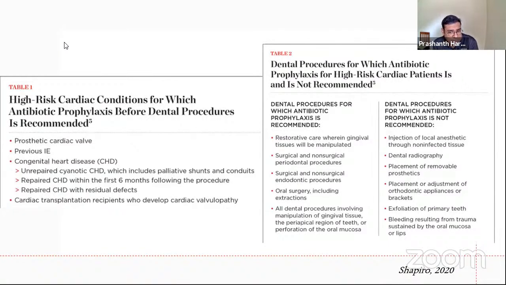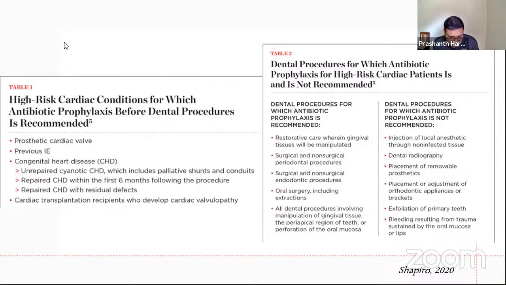Surgical and non-surgical periodontal procedures, endodontic procedures, oral surgery extraction procedures, all dental procedures involving manipulation of gingival tissue, periapical region, and oral flora.